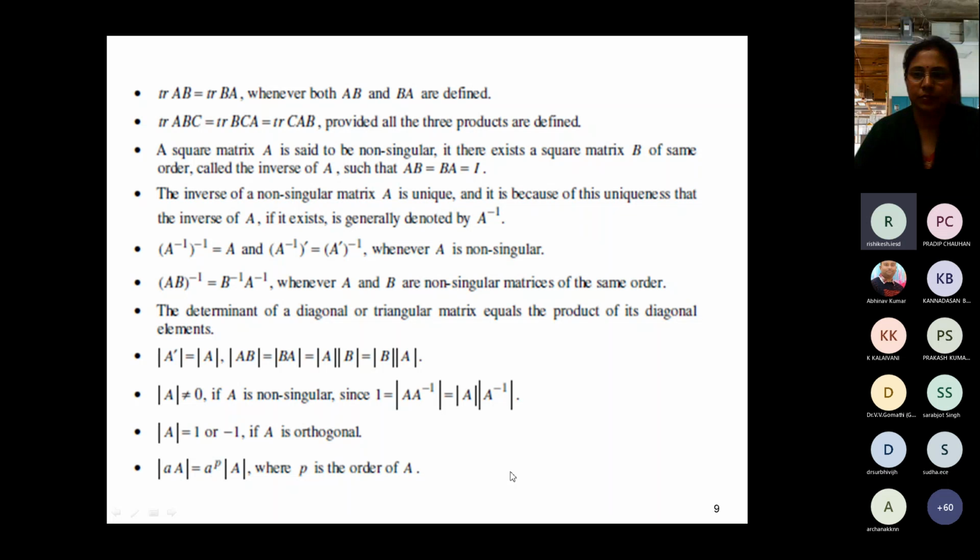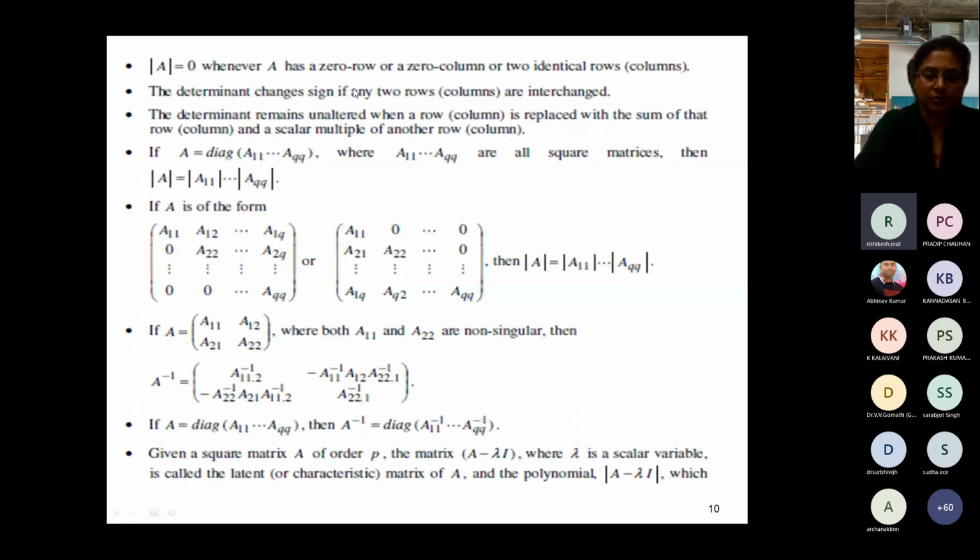Some more mathematical results are here. The determinant of A is 0 whenever A has a 0 row or 0 column or two identical rows or columns. The determinant changes sign if any two rows are interchanged. The determinant remains unaltered when a row is replaced with the sum of that row and a scalar multiple of another row.